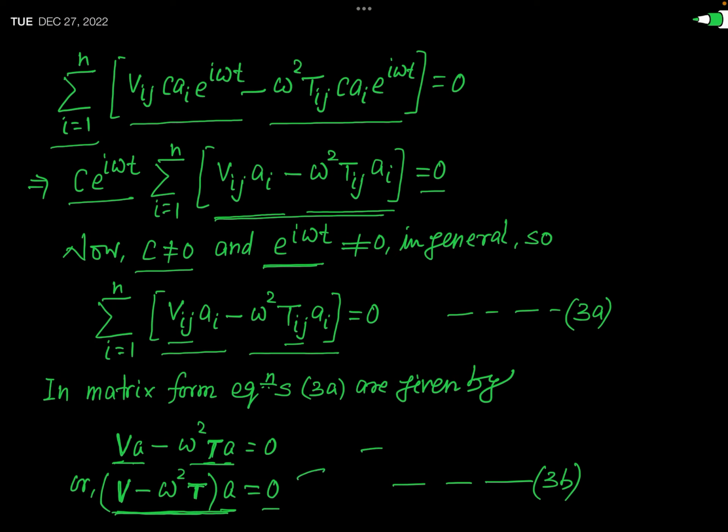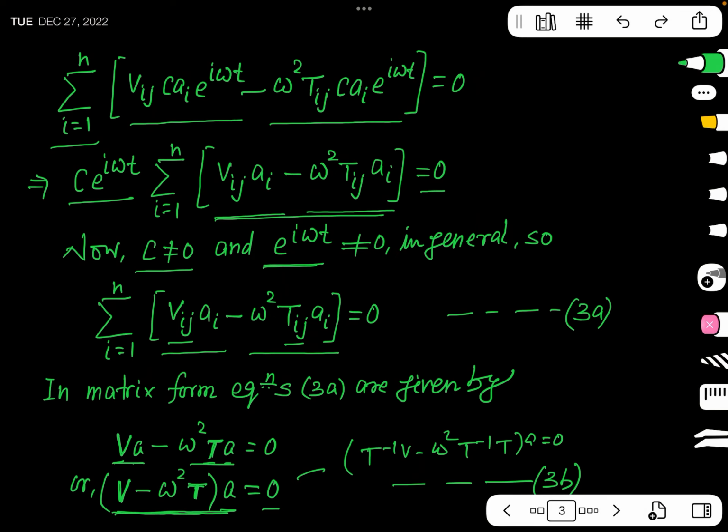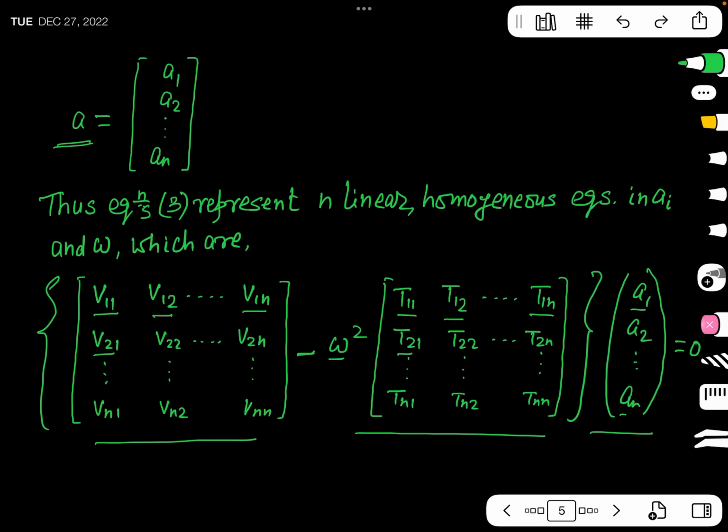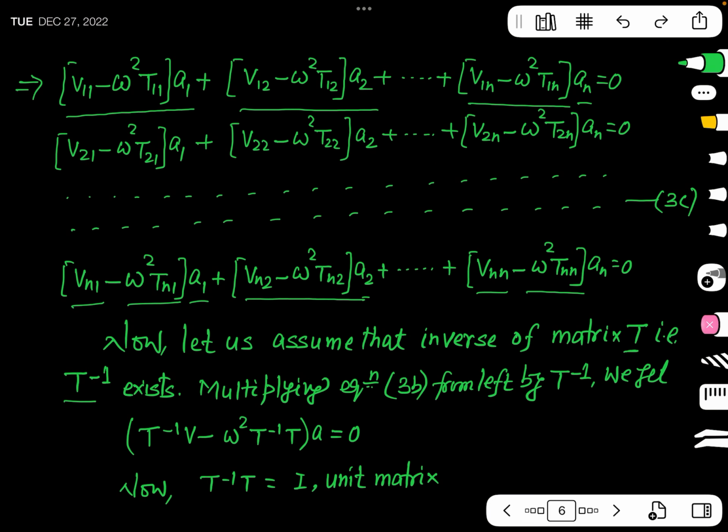You can see this will be T inverse V minus omega square T inverse T, A equal to 0, because in the RHS there is 0, so when you multiply 0 by T inverse, that will be again 0.